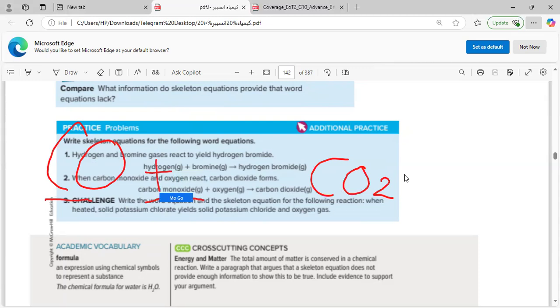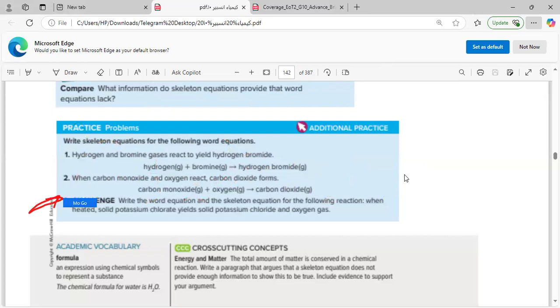Here it is plus O2. It will form carbon dioxide, CO2. So CO plus O2 forms CO2 as carbon dioxide. So here we have a different substance, carbon dioxide, forming from carbon monoxide plus oxygen.